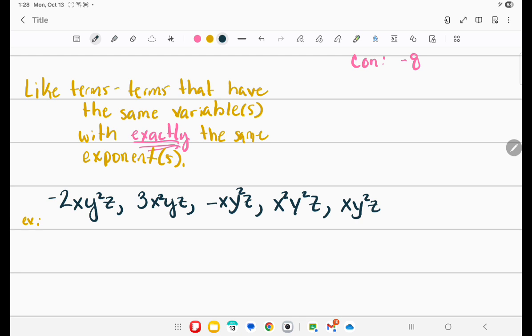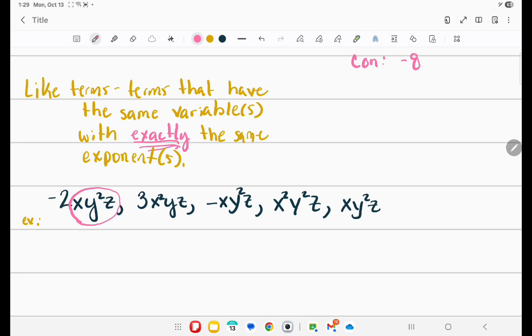Okay. This is what I want you to do. I want you to first always go to your first term and circle the variable part. Negative 2's variable part is x y squared z. Those belong to him. That's his.